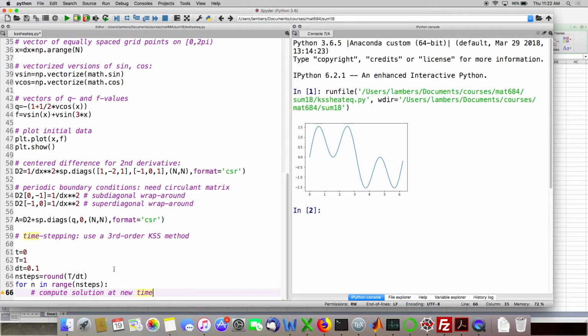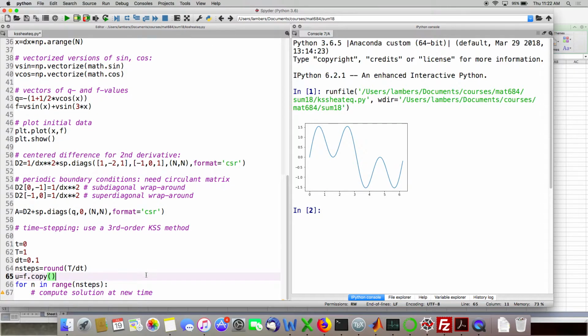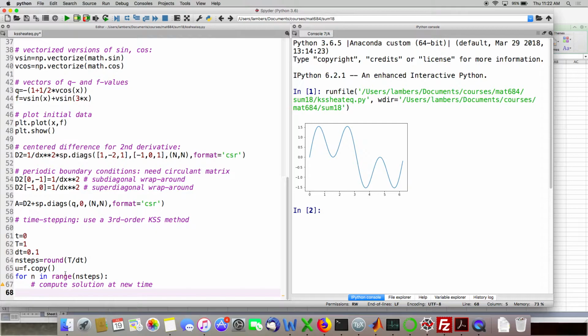So I need to do some initializing. I'm going to set u equal to a copy of f, just so that f doesn't get accidentally overwritten. So u is my solution at the outset, and it'll be updated. So in this loop, we need to update u.